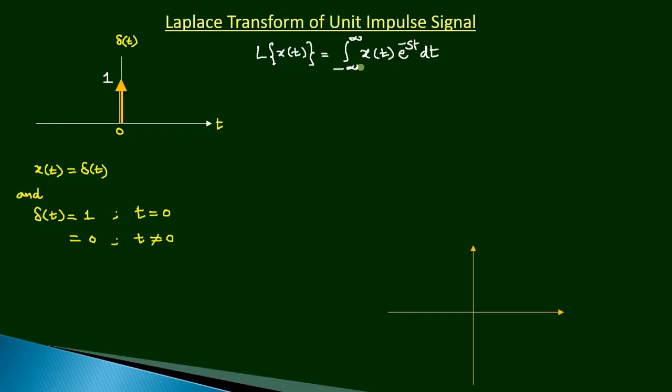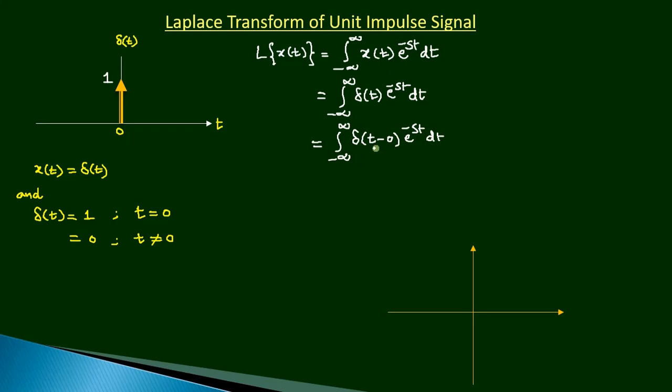Now our x of t is delta of t, the impulse function, so we replace x of t with the given signal. So the integral from minus infinity to infinity of delta of t e power minus st dt equals the integral from minus infinity to infinity, where I write delta of t as delta of t minus 0, into e power minus st dt.